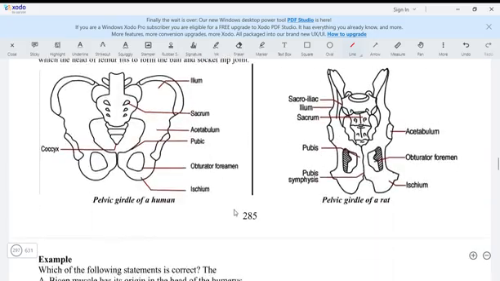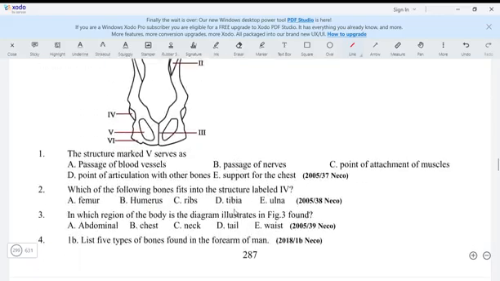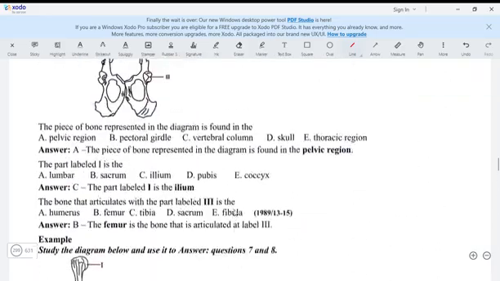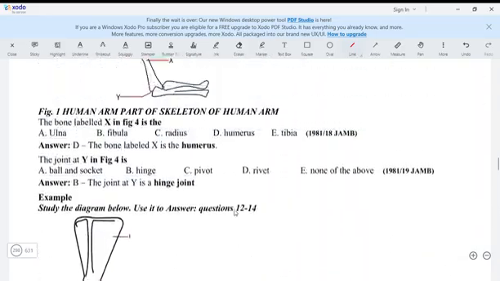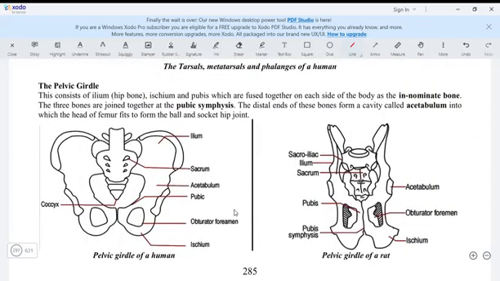Then the pelvic girdle. We want to look at the pelvic girdle, the one I said we have in our waist. That will be the last thing for today's class. Now we look at the pelvic girdle. This consists of the ilium. Ilium is the hip bone. We also have the ischium and the pubis, which are fused together on each side of the body.